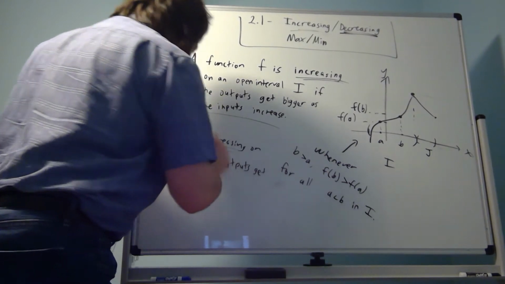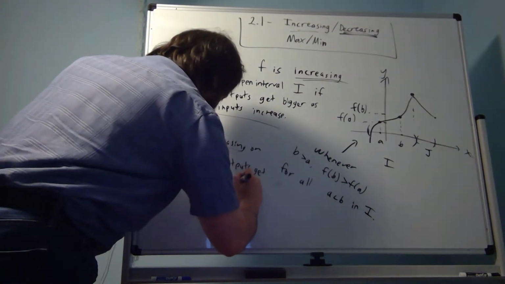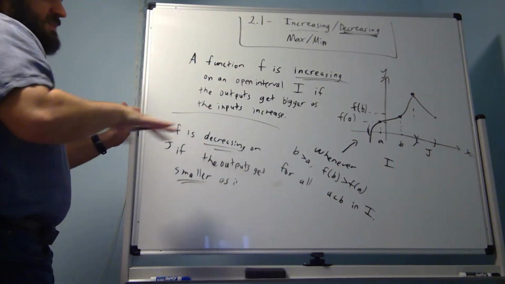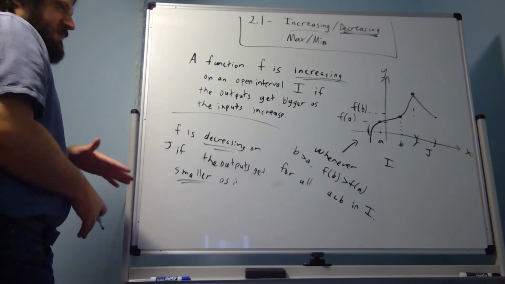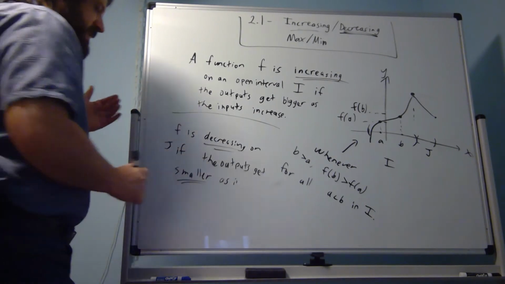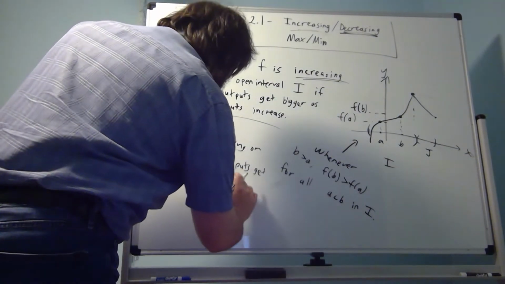It just means the outputs are getting smaller as you go. If you think of the input as time, then as you move forward in time, the outputs are getting smaller, you're getting less and less.